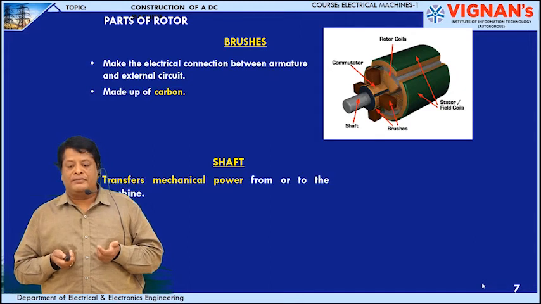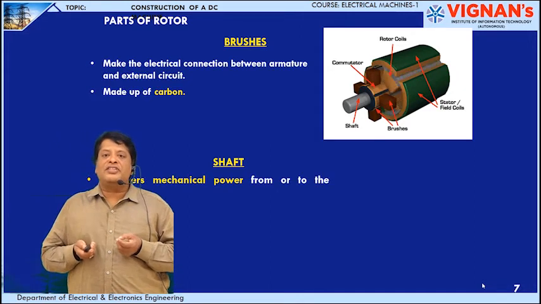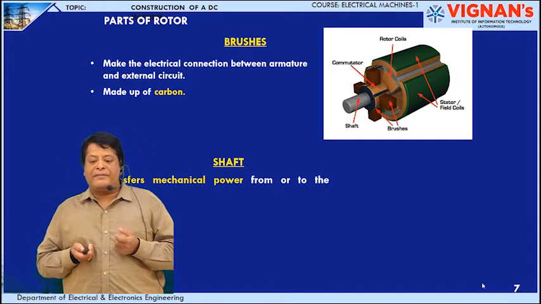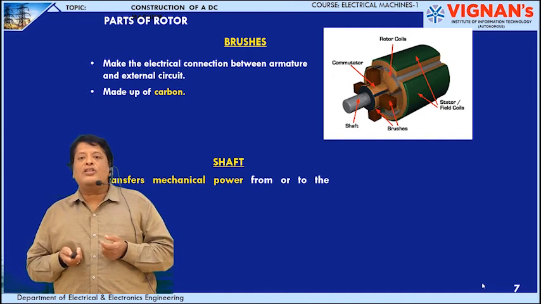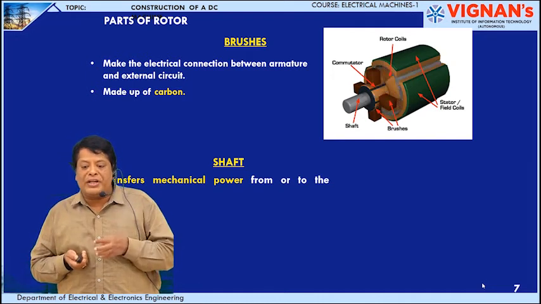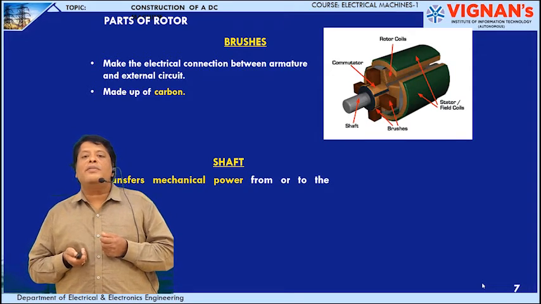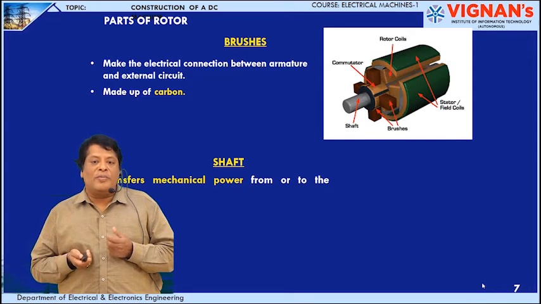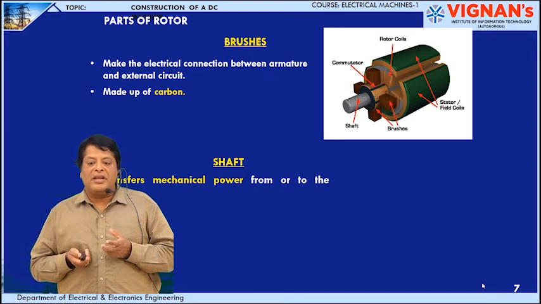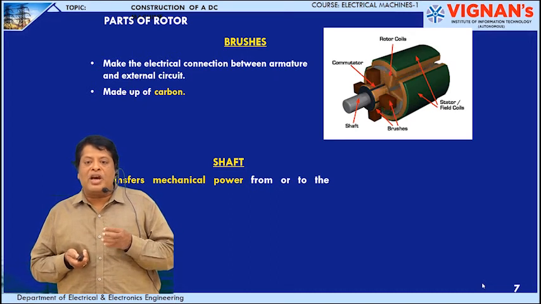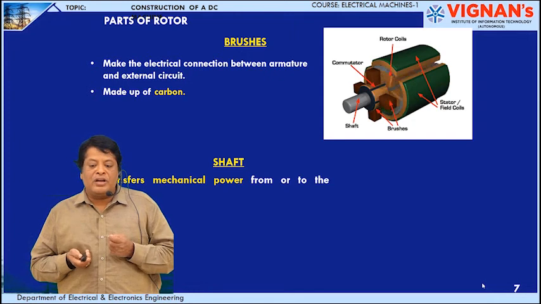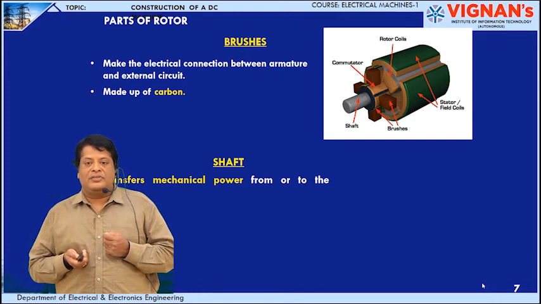Next, brushes. In the diagram we see that the rotor is rotating. All the armature conductors, the rotor, are rotating in the field as shown in the figure. All the armature conductors are connected to the commutator. Whatever voltage is induced in the armature winding comes to the commutator segments.